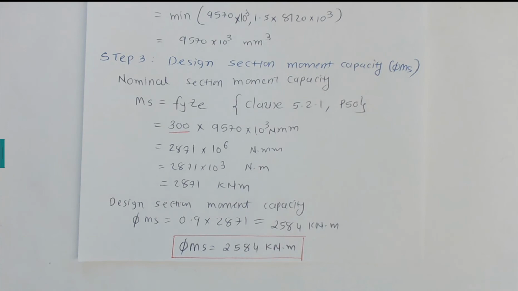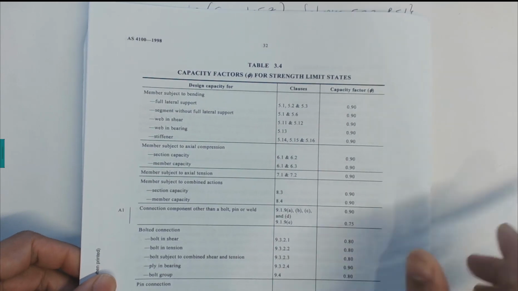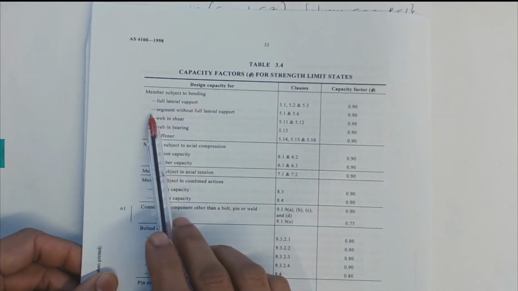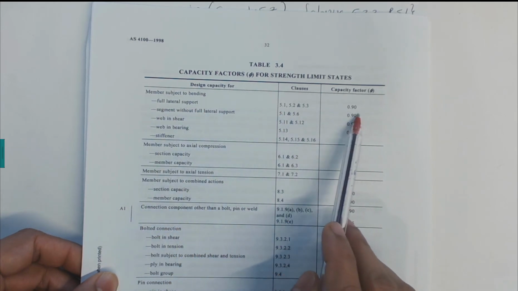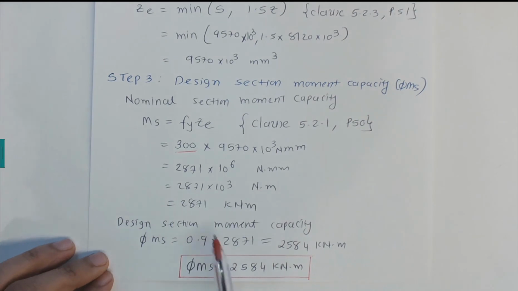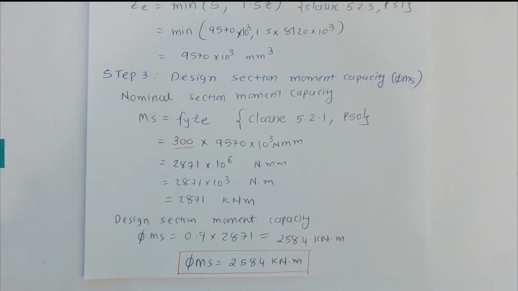Now 0.9 is given in AS 4100 on page number 32: for members subjected to bending with full lateral restraint, the phi value is given as 0.9. So that phi value 0.9 times 2871 gives us the value 2584 kilonewton meters. So 2584 kilonewton meters, that's the answer for this example. Thank you.